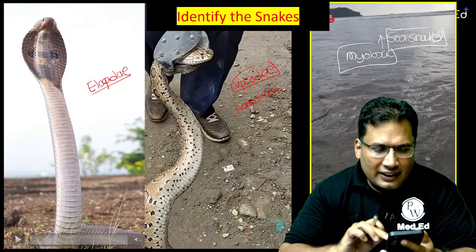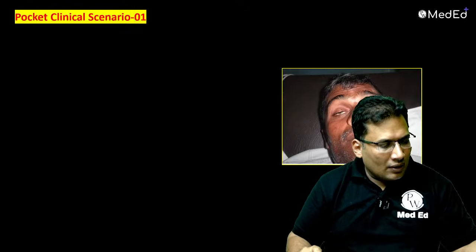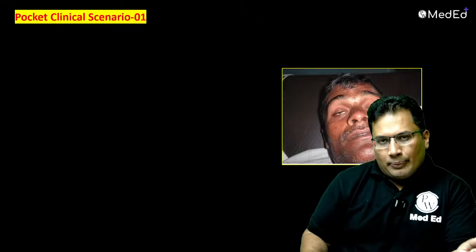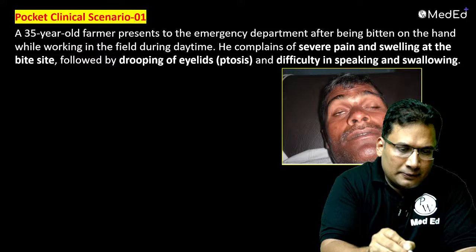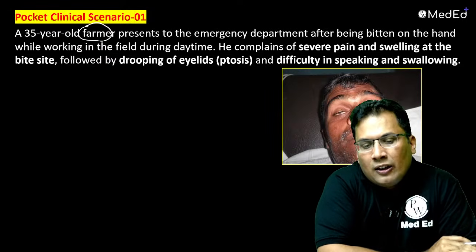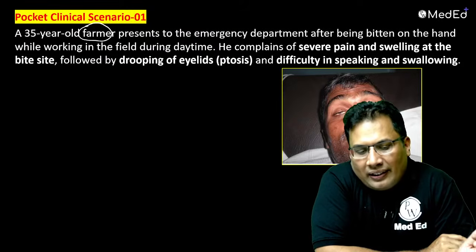Okay, so with this introduction, let's start the clinical scenarios. Here is scenario number 1. A 35-year-old farmer, an agriculturist, presents to the emergency department after being bitten on the hand.